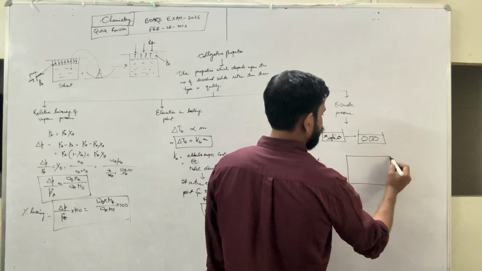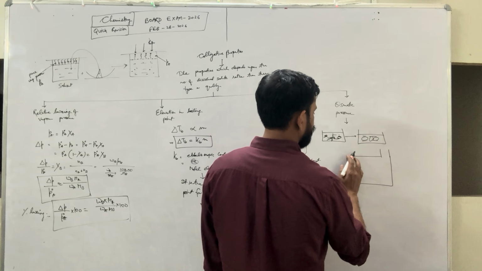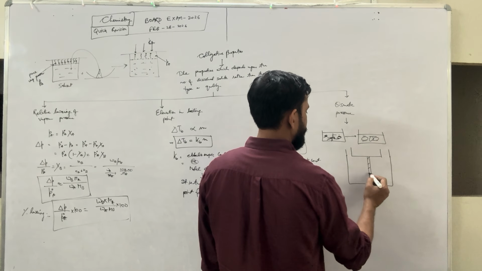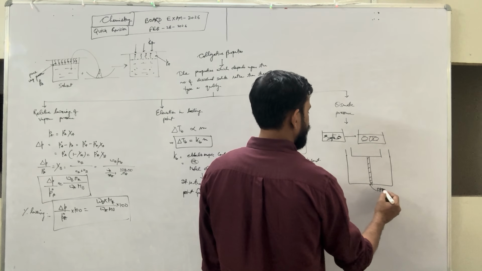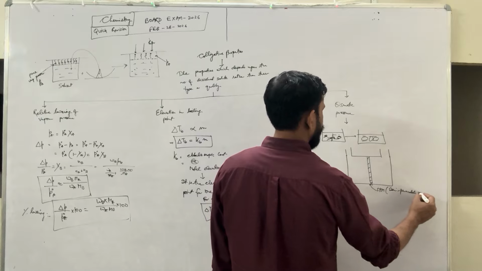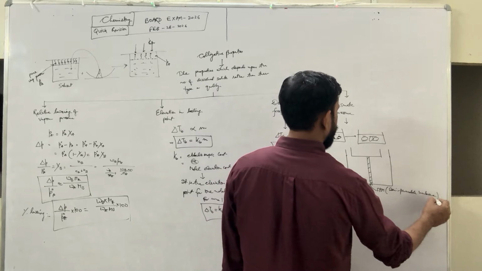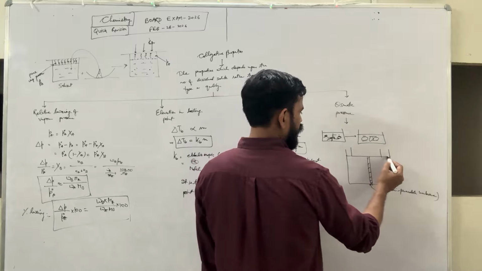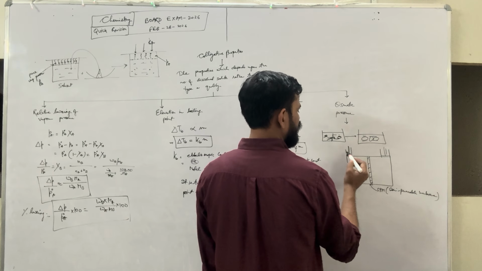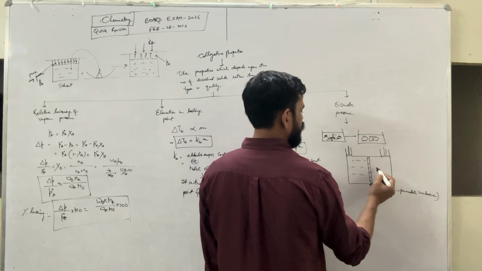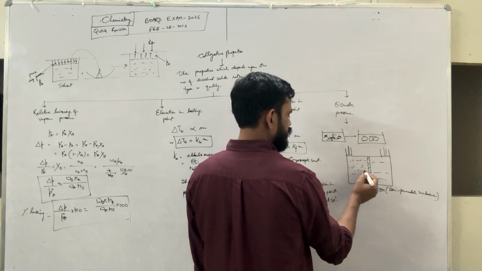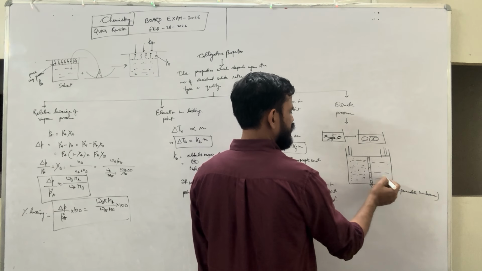So let's see. One has a semi-permeable membrane. On both sides, suppose there are two pistons which are movable, smooth, frictionless. One side you have higher concentration of salt and the other has lower concentration of salt.